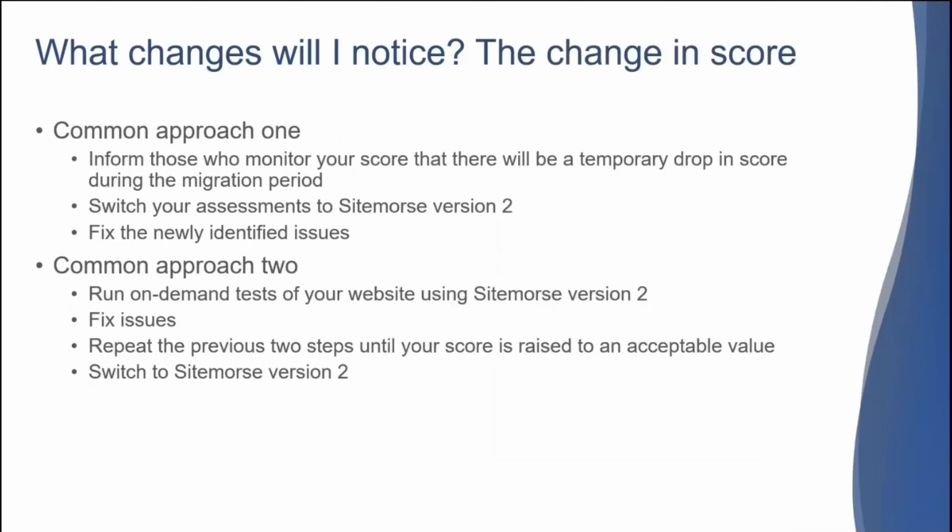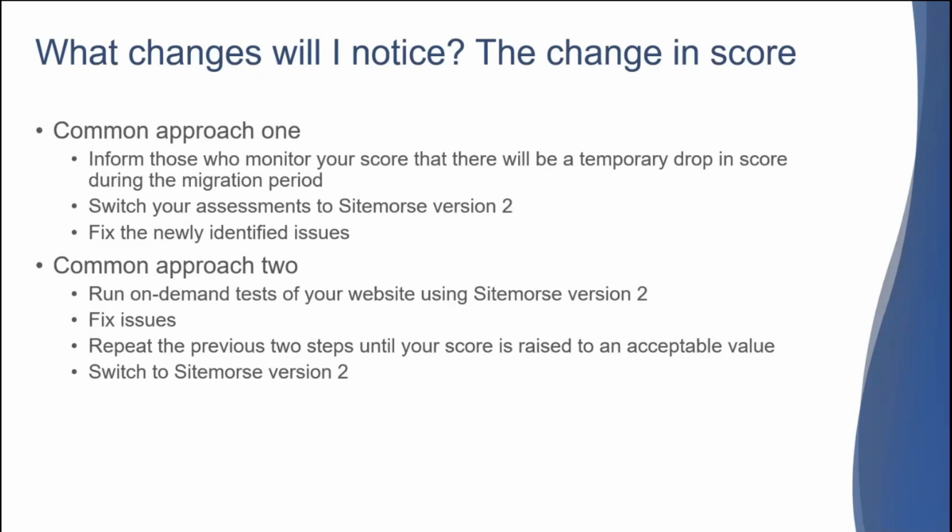Well, two approaches most people have been doing. The first one is the go-ahead-and-do-it approach, and that is to inform your management, who are monitoring your scores all the time, that there's going to be a potential drop in score because you're migrating to another version of Sitemorse, which finds more stuff, and then at least they can expect it.